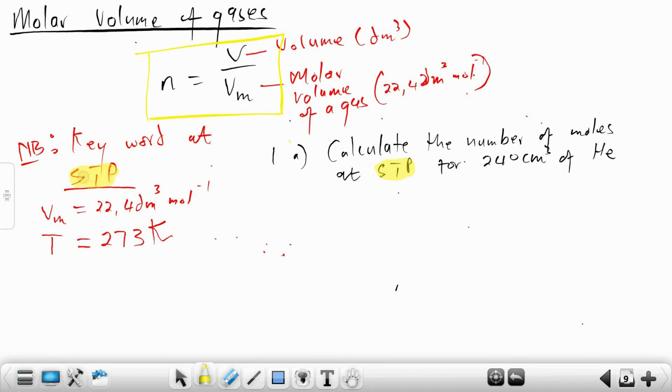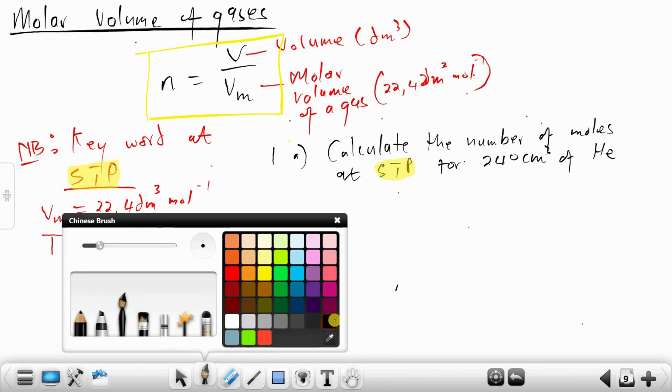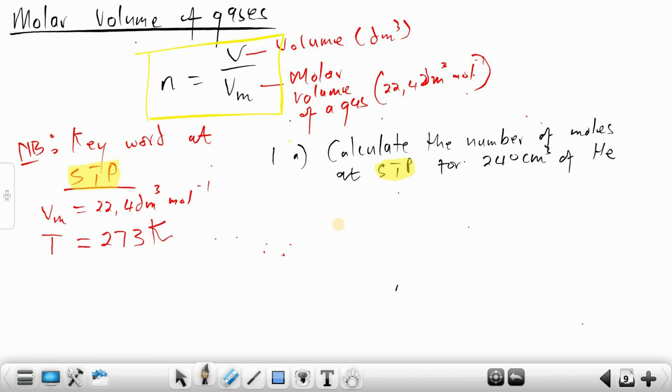If it doesn't say STP, we cannot use the 22,4. But that information is given now, it is at STP. So what can I do? I'm expected to calculate the number of moles.